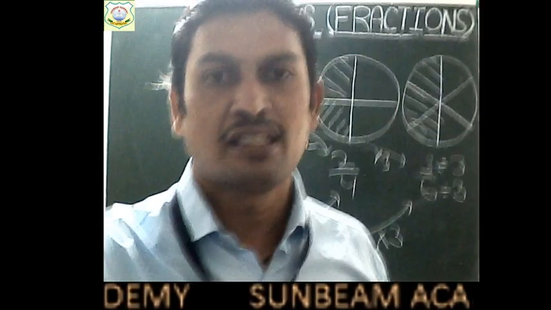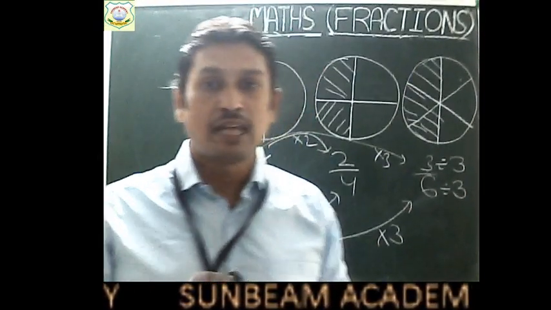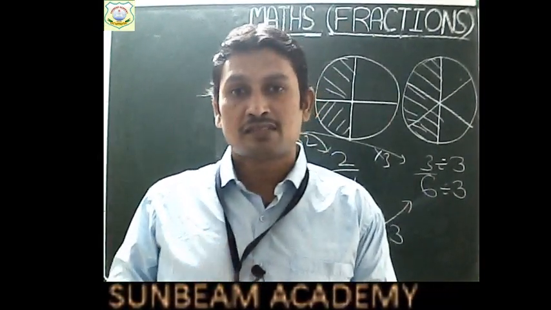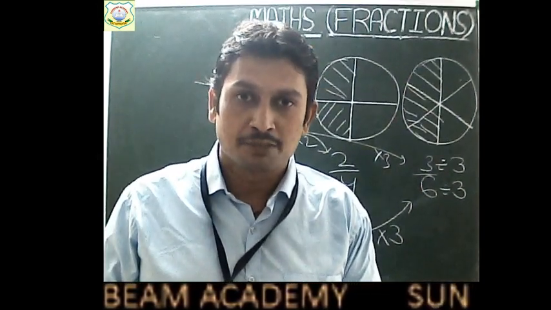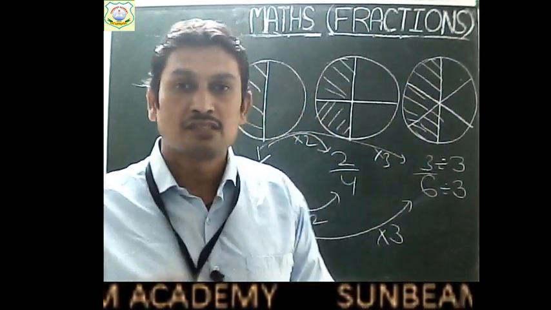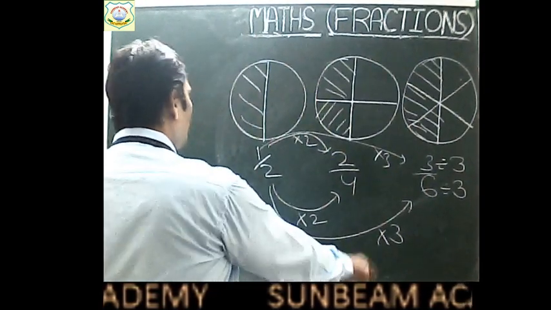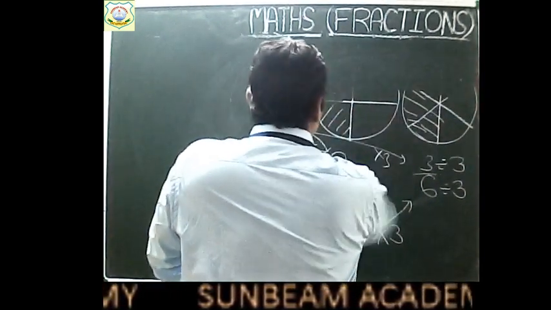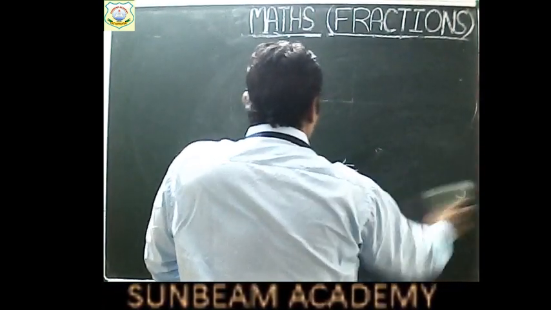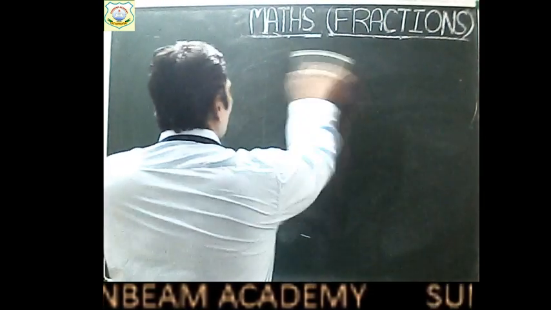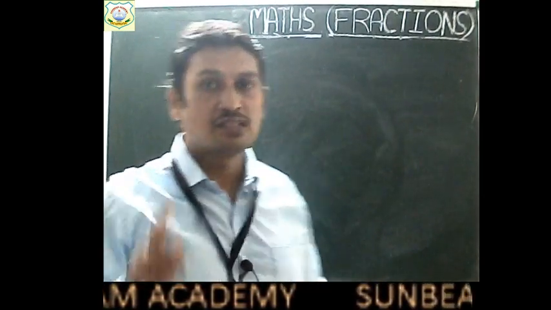So the first fraction here is 2 by 3 children. So first we have to find 5 fractions which are equivalent to 2 by 3. Okay children, so let us see how to find this. To find an equivalent fraction of a given fraction children, what do we do? We will multiply both numerator and denominator by the same number.